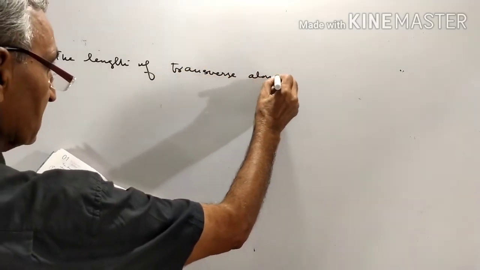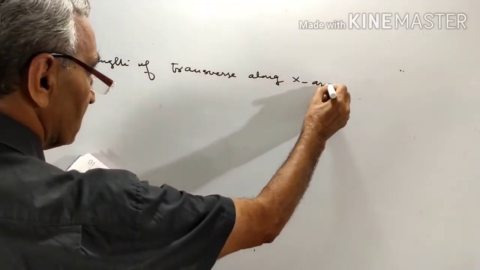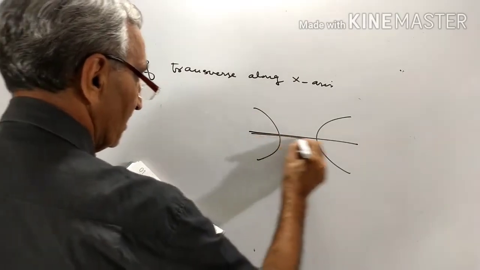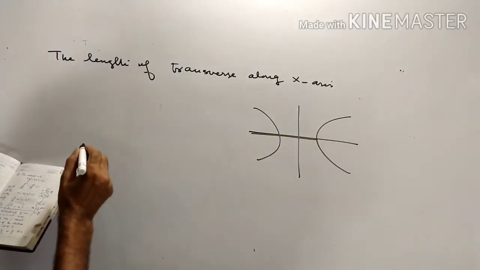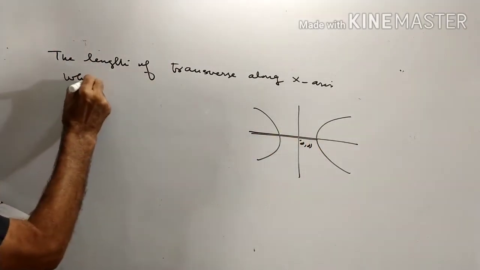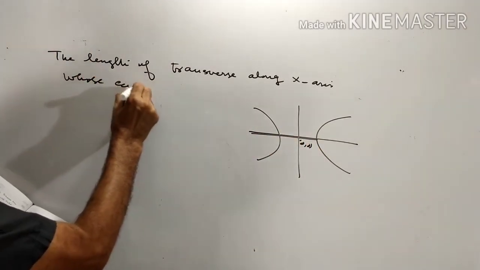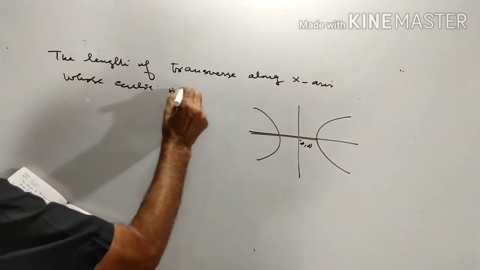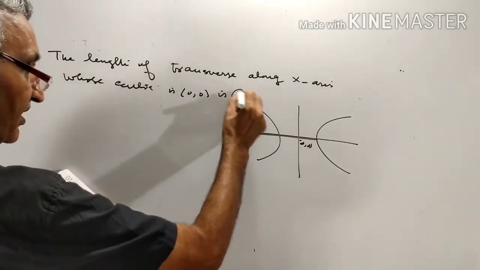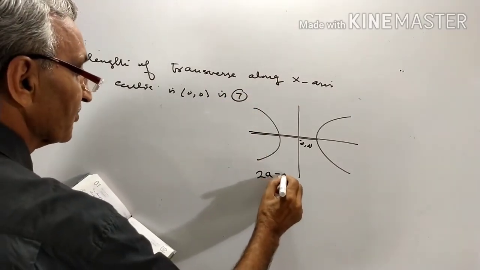Say the transverse axis is along the x-axis. It means the hyperbola is of this nature, and whose center is the origin. The question says whose center is origin. Well friend, and the length of this is equal to 7. It means 2a is equal to 7.